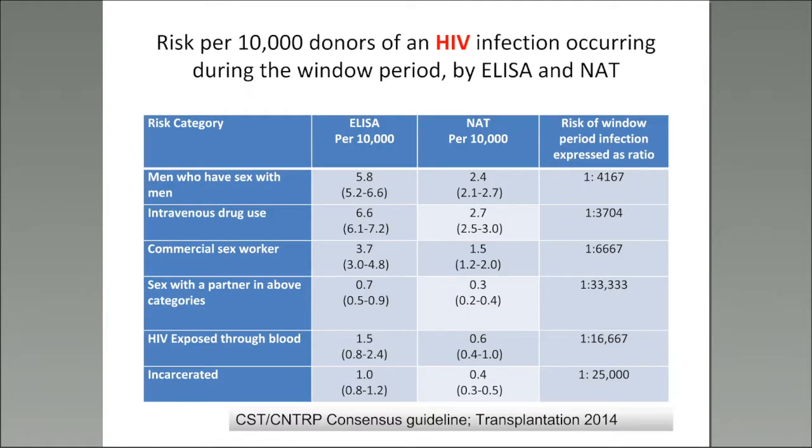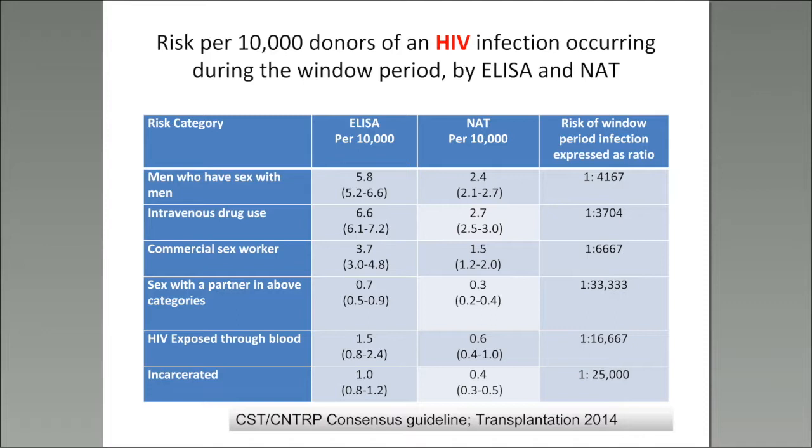And this is the result of that modeling that was done. This was published in this guidance document in Transplantation in 2014. If you just look at the last column here, this table is for HIV, and it shows the risk of window period infection, assuming you're both NAT and ELISA negative. So if you go to the IV drug user, which is the second row, the risk of window period infection is 1 in 3,700 for HIV.